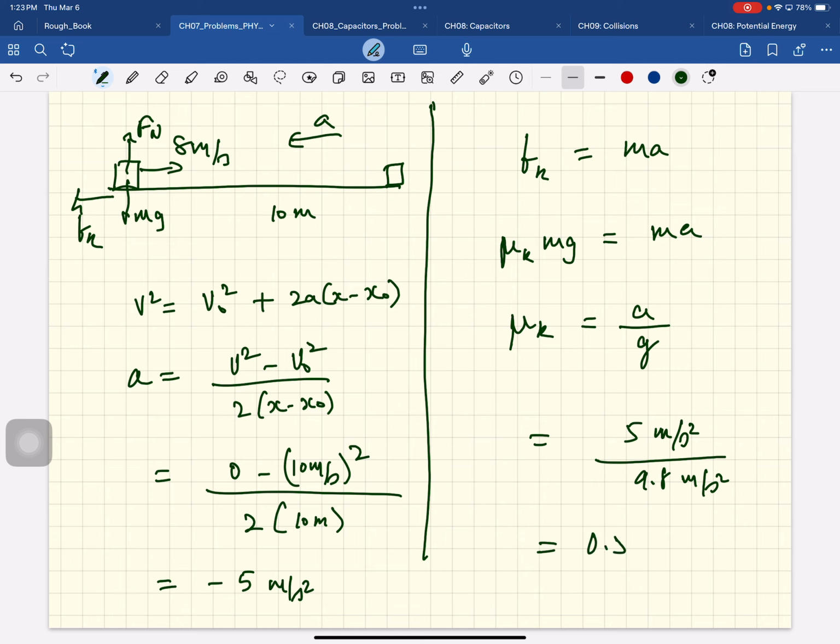That's equal to 0.51. What are the dimensions of mu k? Yeah, no dimensions. So see, that cancels with that. No dimensions. Acceleration divided.